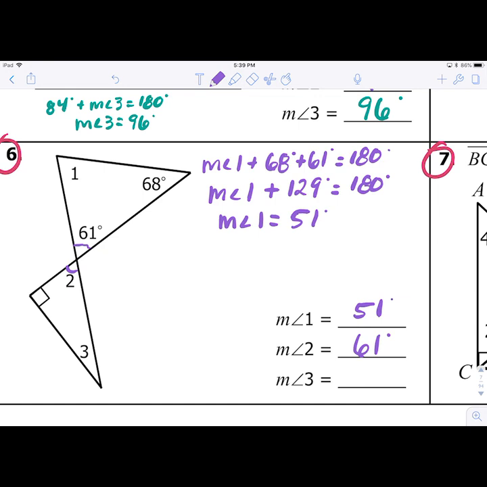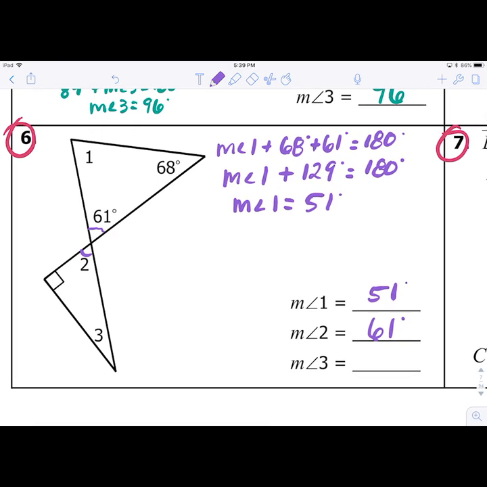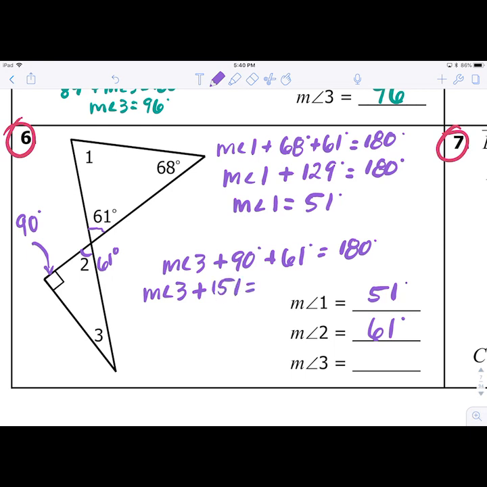All right. Finally, we have this right triangle down here. So we know that this little box, it equals 90 degrees. And I know the measure of angle 2 is equal to 61 degrees. So set up my equation. 90 plus 61, 151, so 180 degrees.